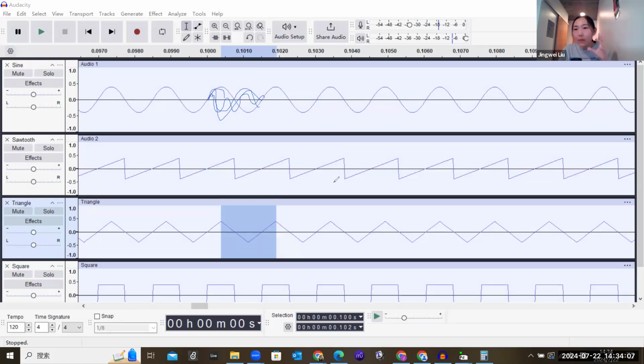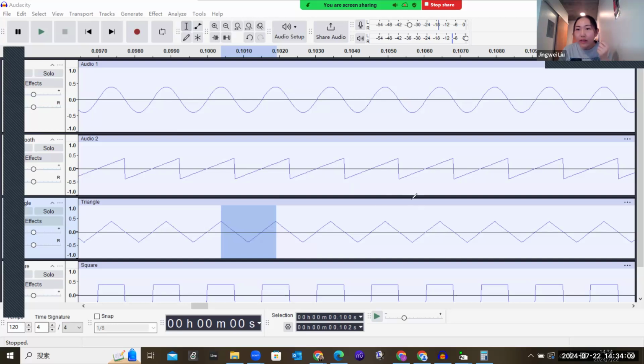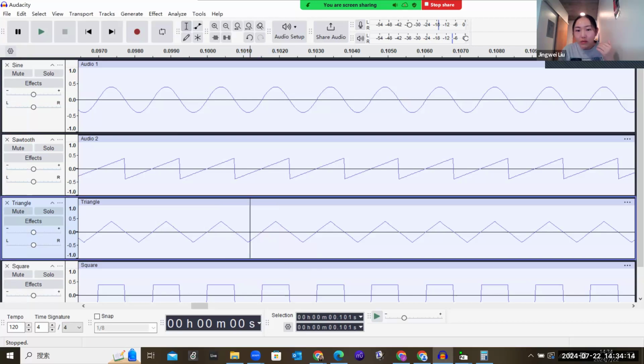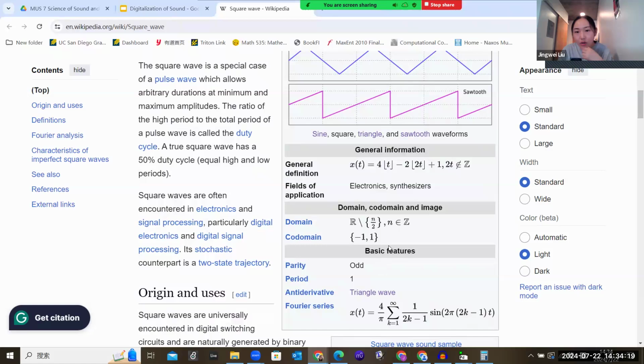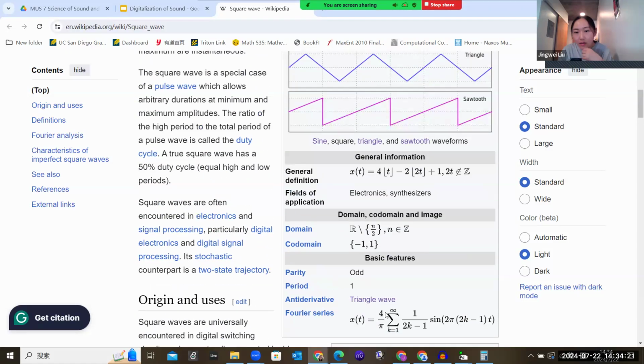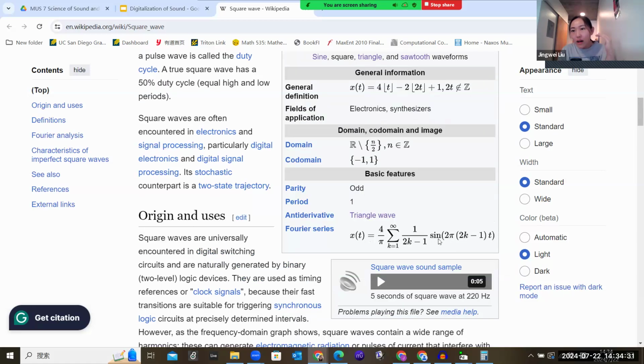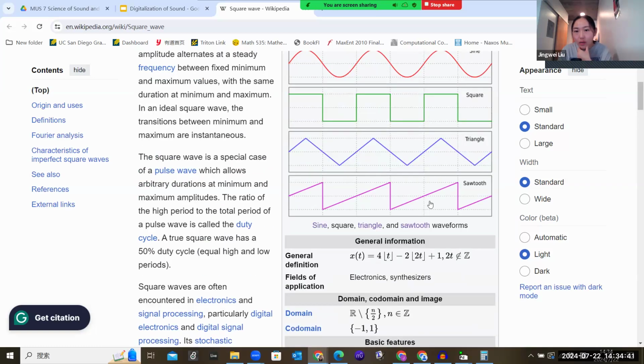So they add up those upper harmonics, and they find that when you do this infinitely, when you apply this limit, from 1 to infinity, adding up all those sine waves of the upper harmonics, you can get the exact wave: triangle wave, square wave, and sawtooth wave.